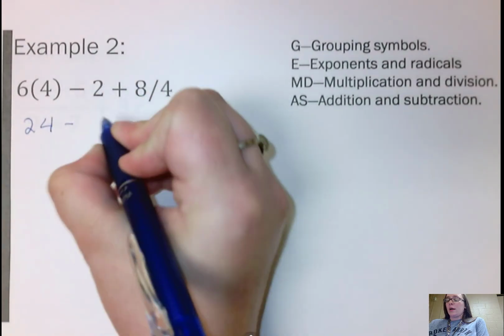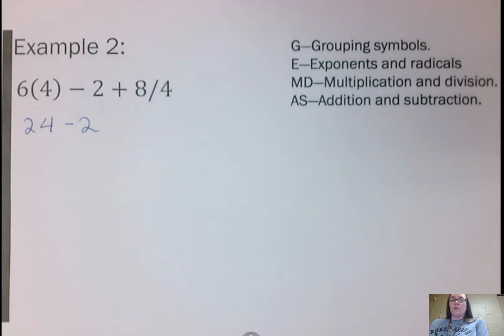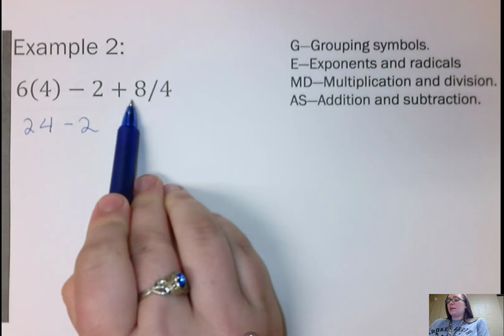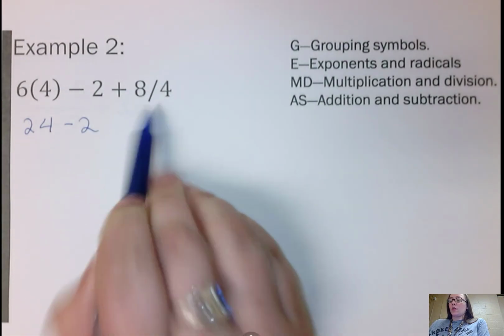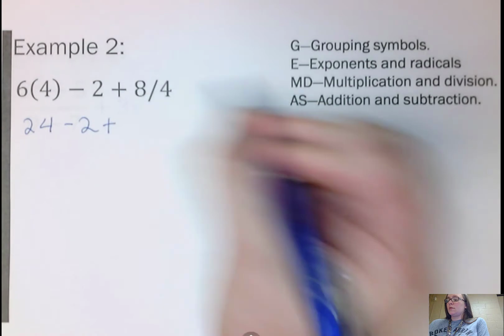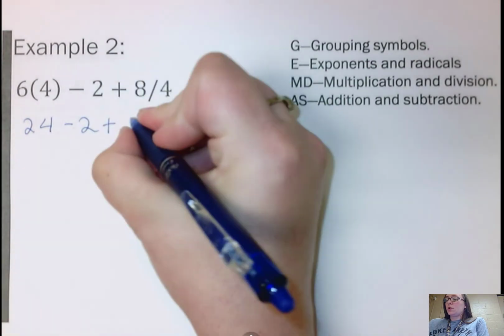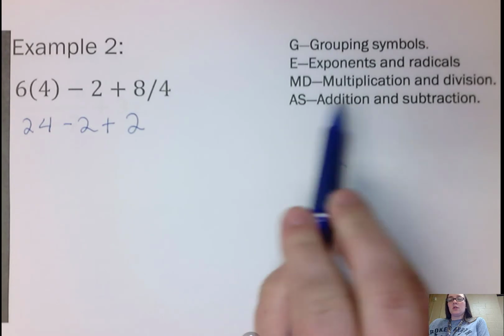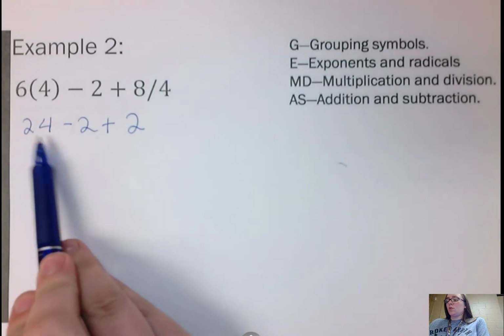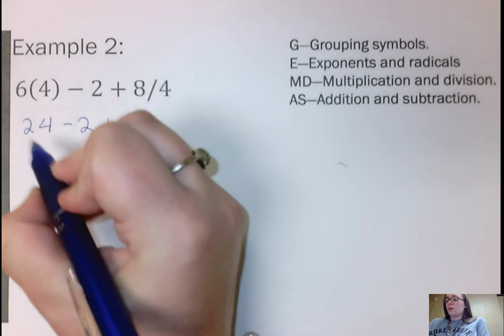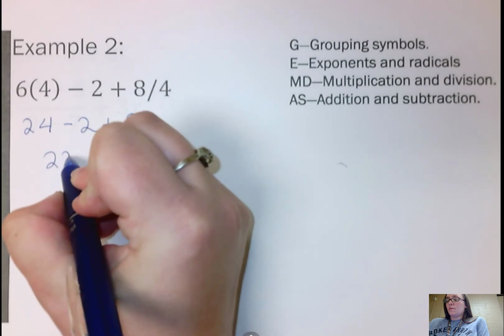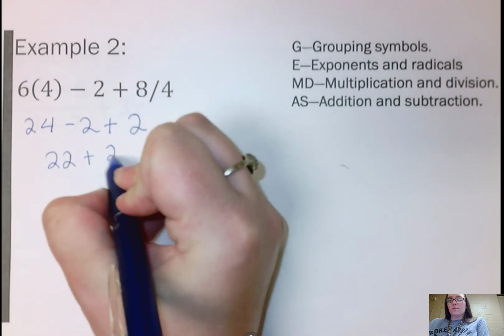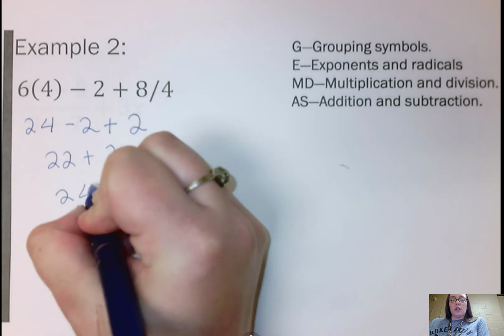I still have the -2. I haven't done anything with that yet. 8 divided by 4 comes next. 8 divided by 4 is 2. And then we can do our addition subtraction. So we're going to do 24 minus 2 plus 2, which leaves us with 24.